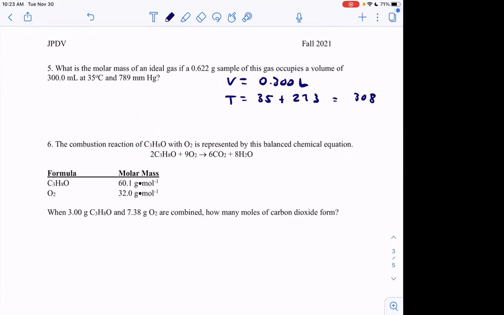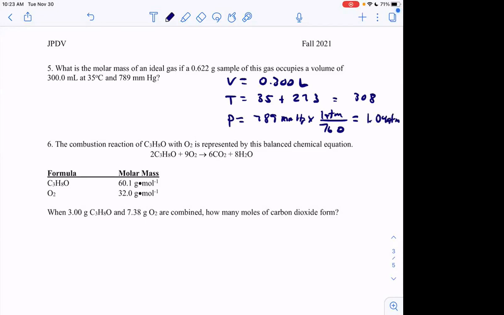And then we've got, what else do we got? Pressure. Pressure is equal to 789 millimeters of mercury times 760 for 1 atmosphere. And that gets us 1.04 atmospheres.